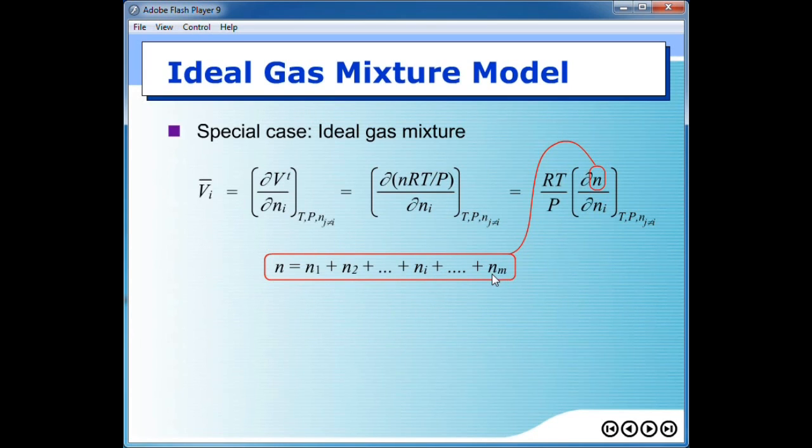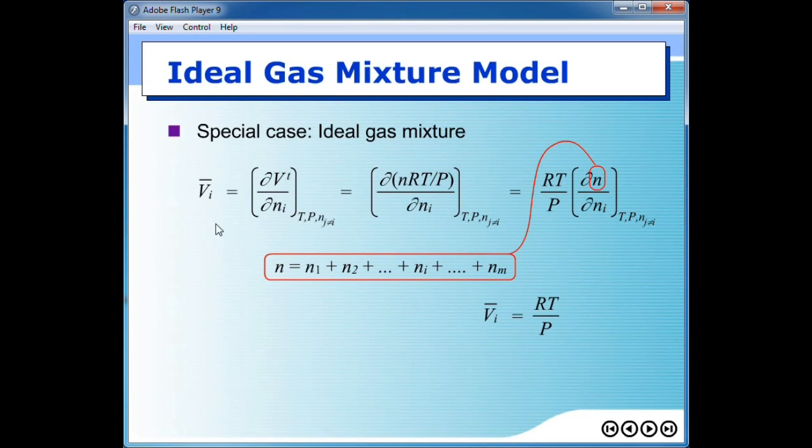The only term that is not 0 is Ni itself. If you differentiate Ni with respect to Ni, you get 1. So this differentiation term ultimately becomes 1.